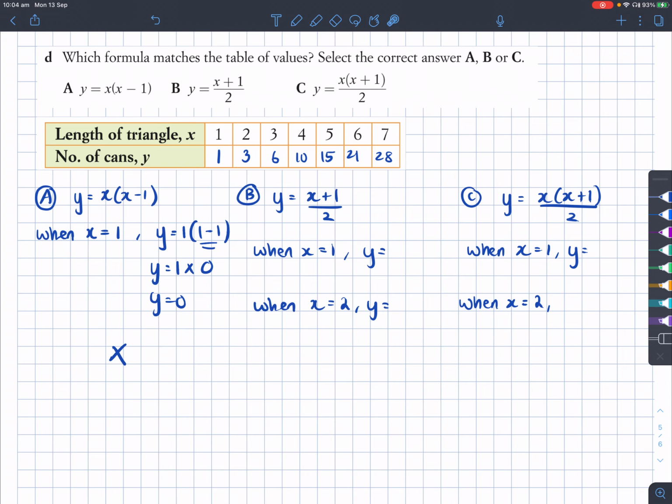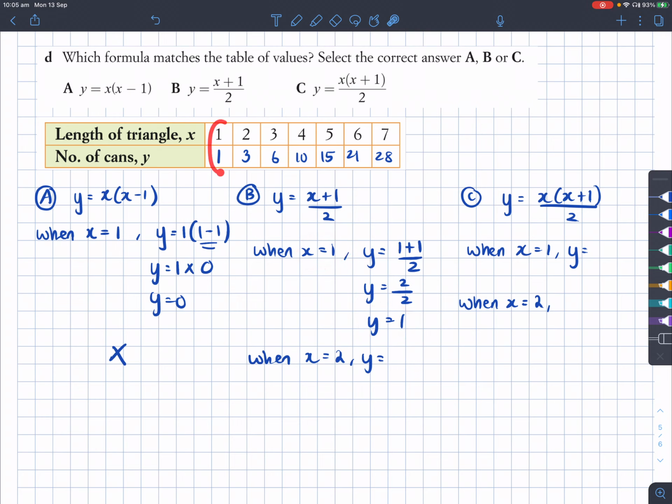Now, let's test B out, which is y equals x plus 1 over 2. If I substitute in x as 1, I will get 1 plus 1 over 2. 1 plus 1 is 2, and 2 over 2 is basically 1. So when x is 1, y is indeed 1.